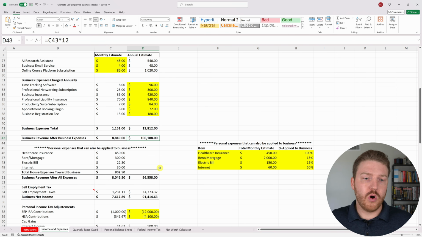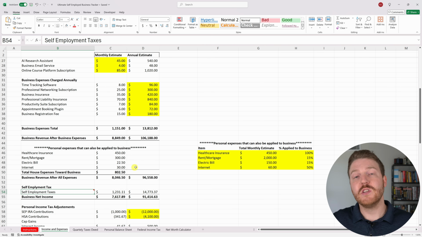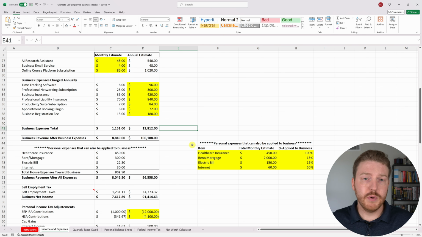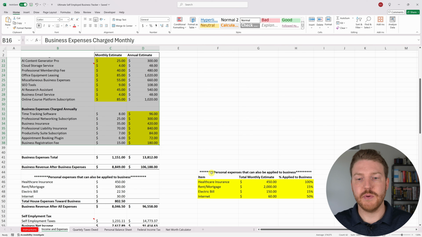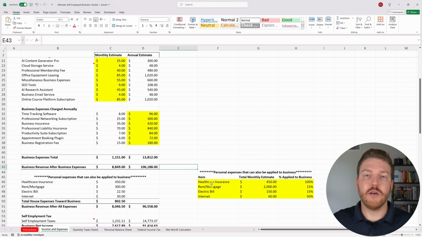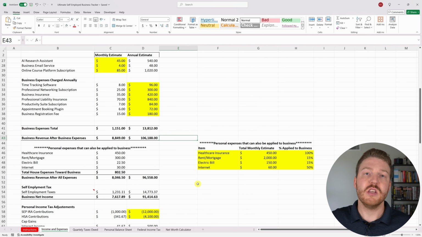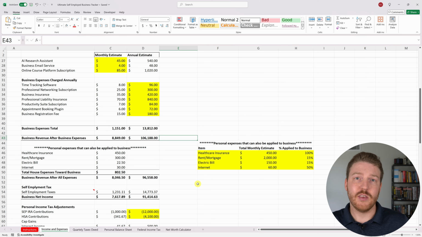If you are not aware, as a self-employed individual, unfortunately, there is this self-employment tax that is about 15.3%. So you should do a good job, if you're self-employed, of writing stuff off, tracking these business expenses, and taking whatever deductions you can get, because that is a steep increase in the taxes you might pay compared to someone who works for someone else.